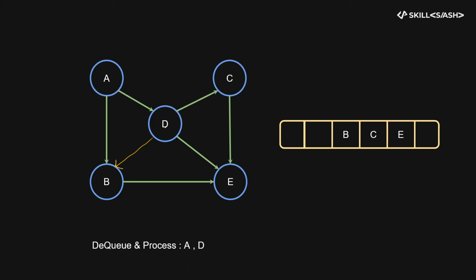Now, when you're processing D first, you should not push B again. So that visited phenomenon will be required while you are using BFS, right? We'll see if it is required in DFS or not.